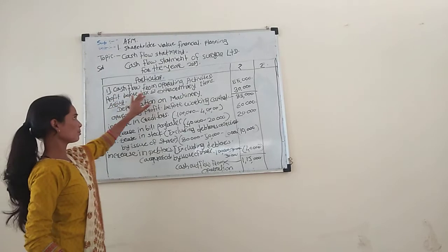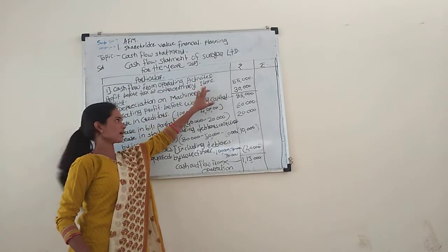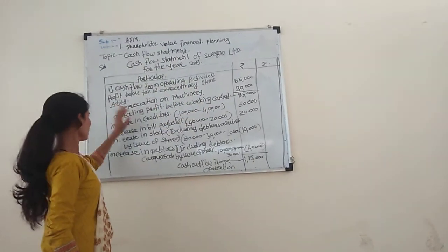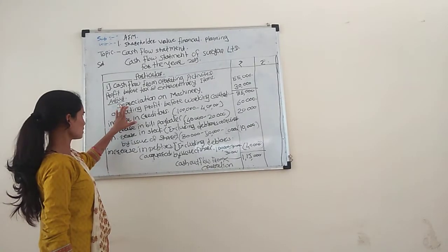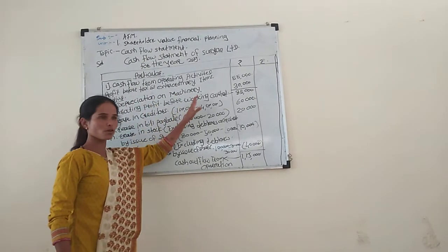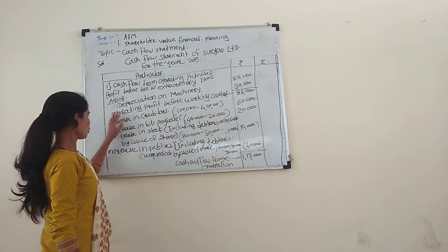Profit before tax and extraordinary item: 55,000. Adjustment means additional information, the last additional information: depreciation on machinery 30,000.